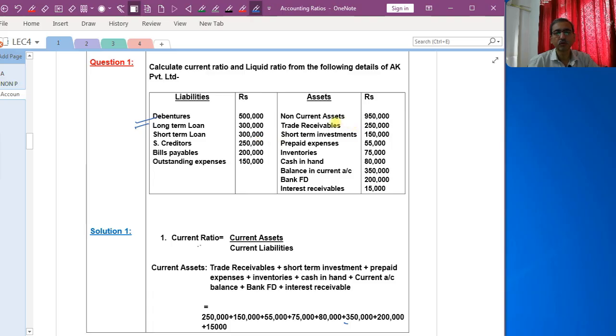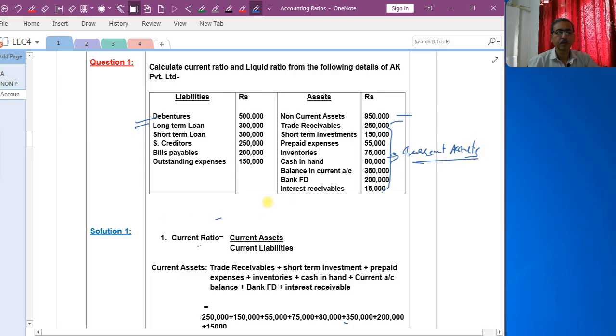Non-current assets are given here. And trade receivables, short-term investment, prepaid expenses, inventories, cash in hand, bank balance, bank FD and interest receivables are the current assets.